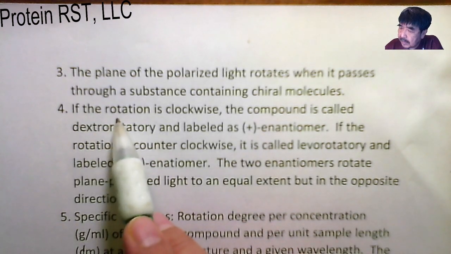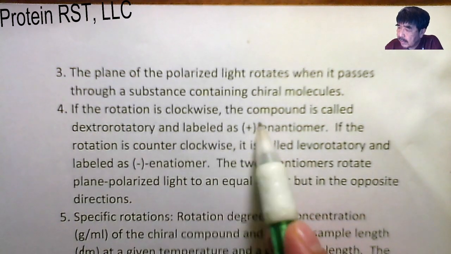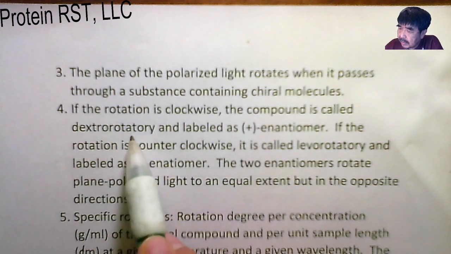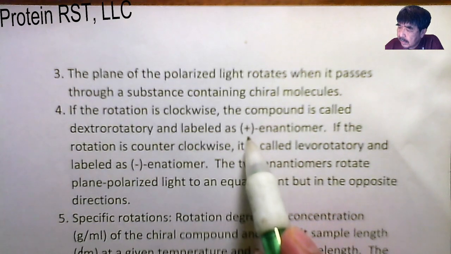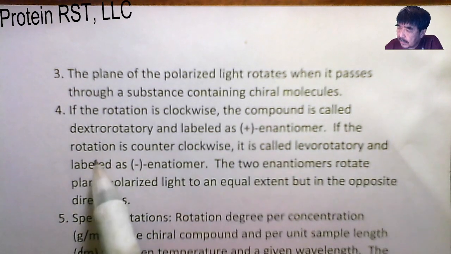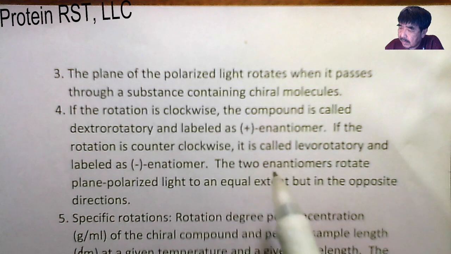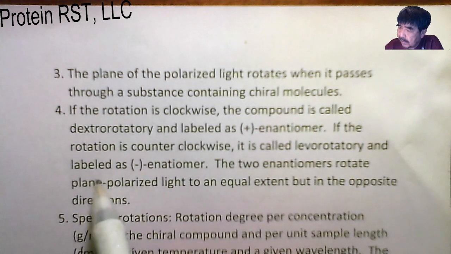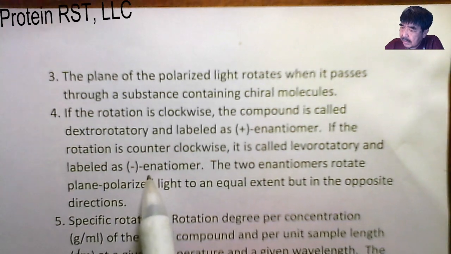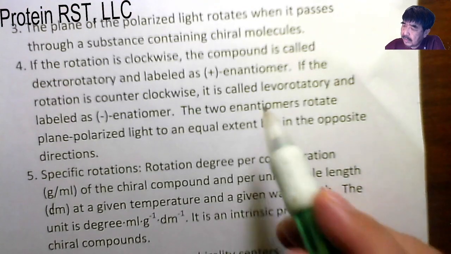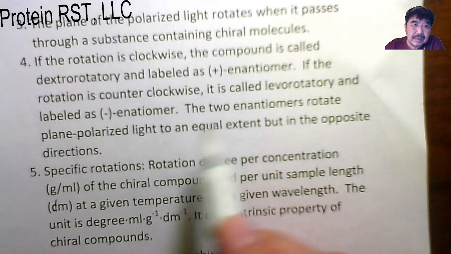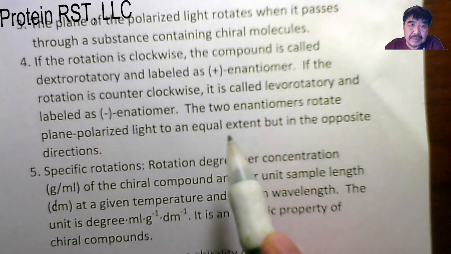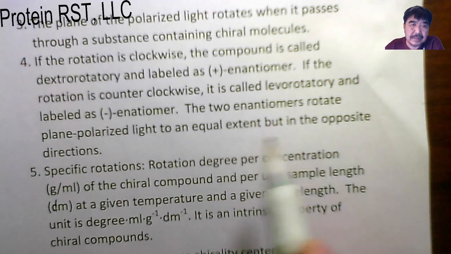If the rotation is clockwise, the compound is called dextrorotatory and labeled as the plus enantiomer. If the rotation is counterclockwise, it's called levorotatory and labeled as the minus enantiomer. The two enantiomers rotate the plane polarized light to an equal extent but in opposite directions.